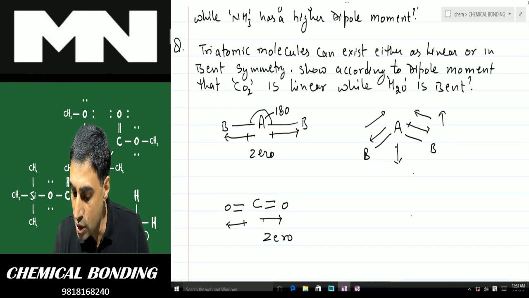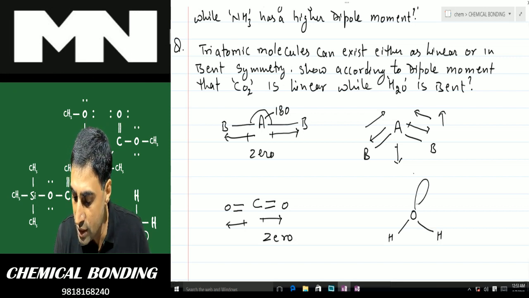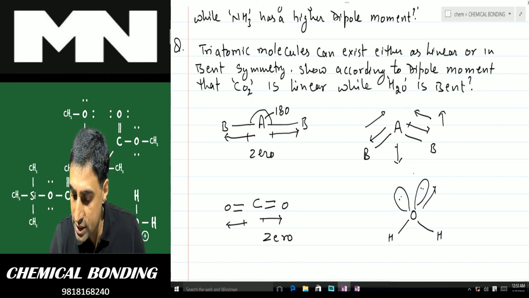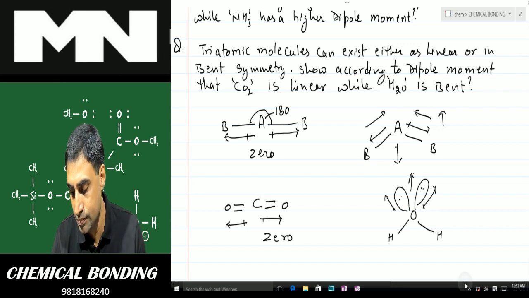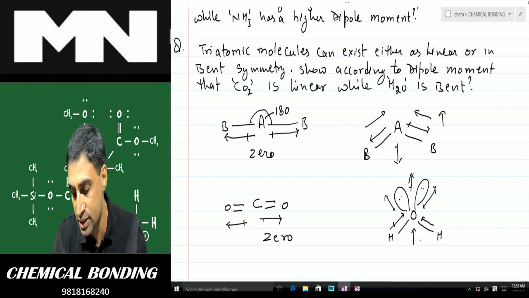Now if we talk about water molecule, the structure of water molecule is like this, where you have one lone pair here and another lone pair here. The dipole moment of this lone pair is like this, that of this lone pair is like this. So you'll have a resultant dipole moment like this. Likewise, if we talk about oxygen-hydrogen bond, you'll have a dipole moment like this. Here also you'll have a dipole moment like this. So resultant dipole moment is like this.